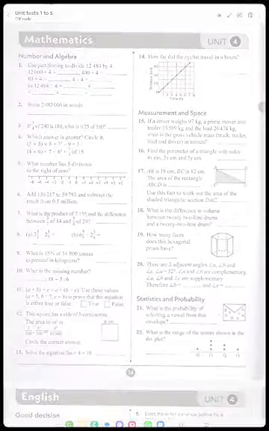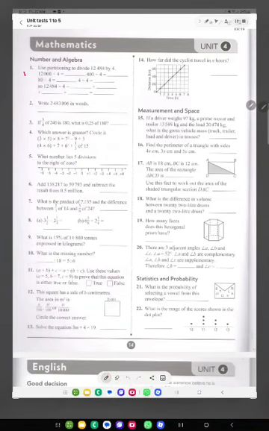Okay, let's see. Use partitioning to divide this number by 4. Partitioning is just dividing in parts. So 12,000 divided by 4 is 3,000. 400 divided by 4 is 100. 80 divided by 4 is 20. 4 divided by 4 is 1.